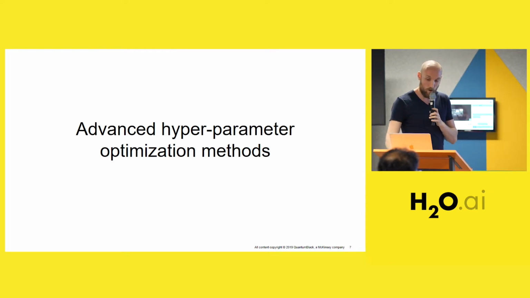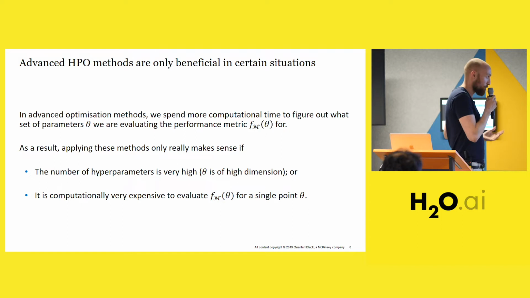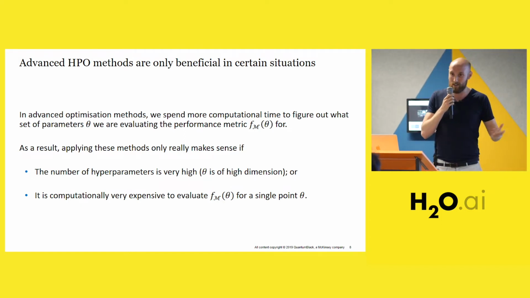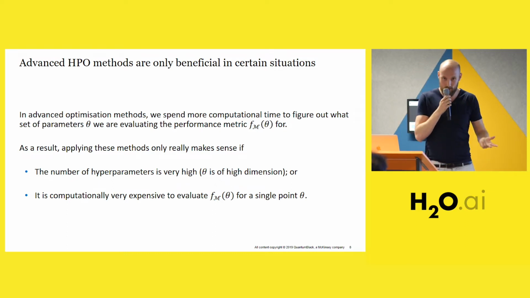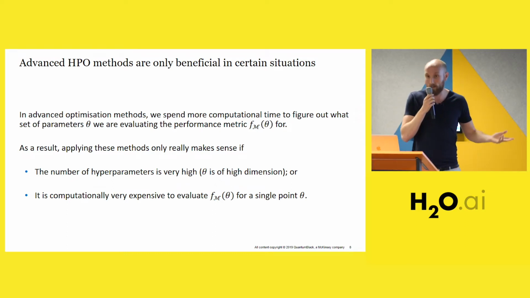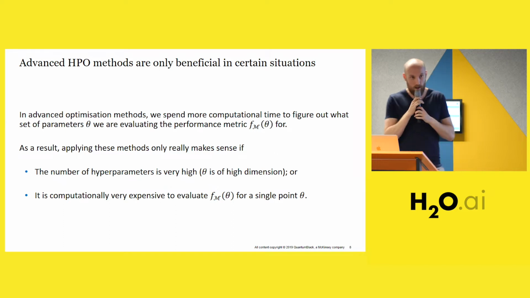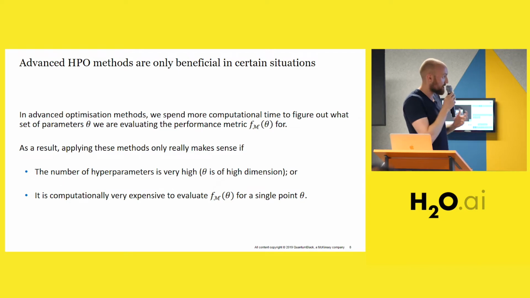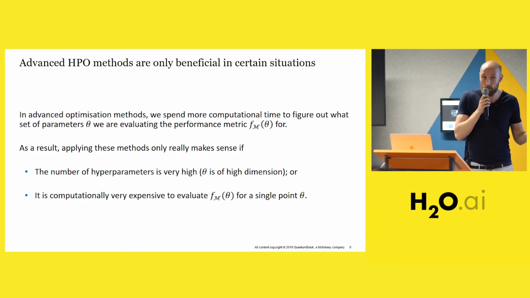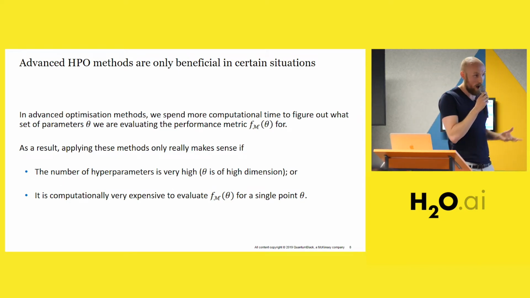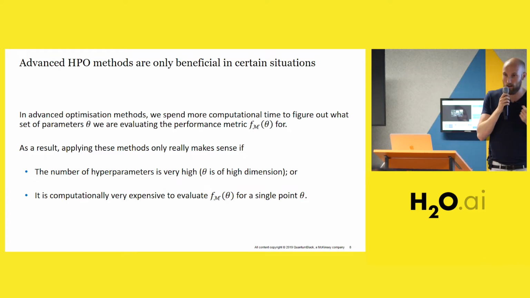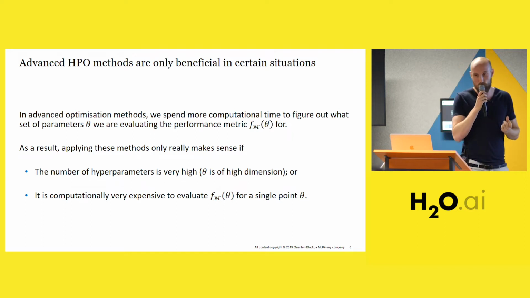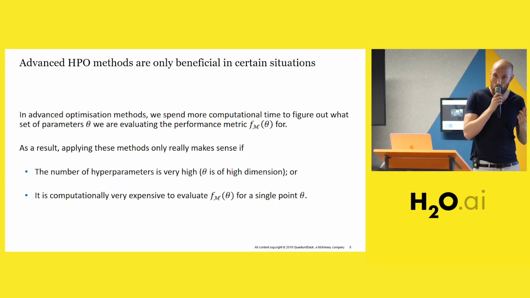Before I go further, what I do want to stress is that whilst a lot of the methods that I will show are very neat, very intellectually satisfying for us data scientists, there's not always a need to go down this path. If you have either a low-dimensional hyperparameter space or an objective function that's computationally cheap to sample from, you may not need to resort to these approaches.